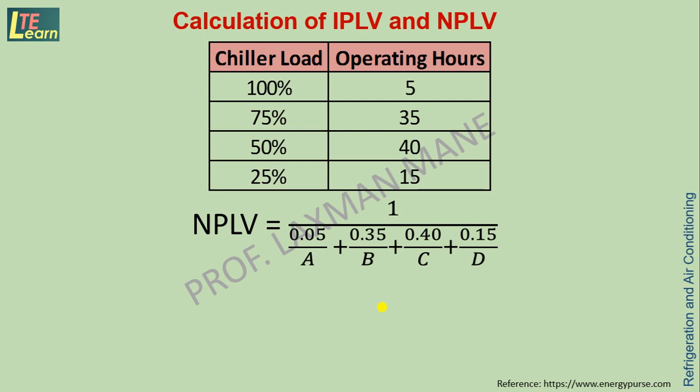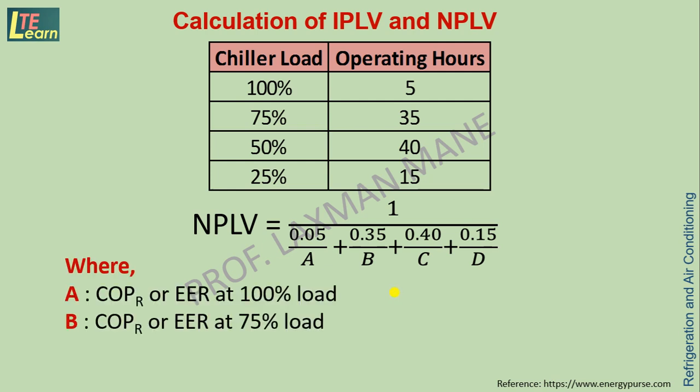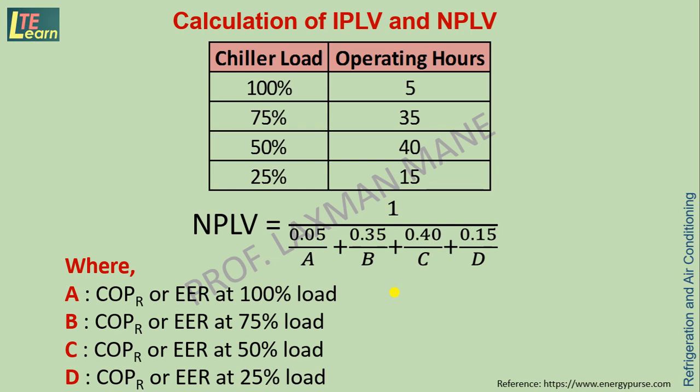The formula of NPLV is 1 divided by 0.05 divided by A plus 0.35 divided by B plus 0.40 divided by C plus 0.15 divided by D, where 0.05, 0.35, 0.40, 0.15 are the percentage values of operating hours, and A, B, C and D are the values of COP or EER, meaning the energy efficiency of the chiller at 100%, 75%, 50% and 25% load respectively.